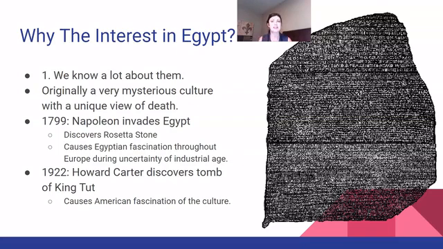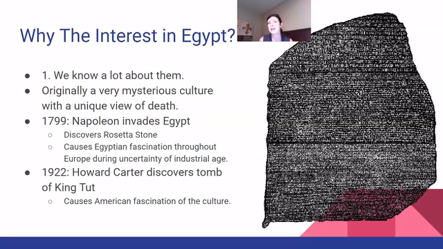Plus, we've had a lot of discoveries in Egypt that have made people go Egyptian crazy. In 1799, as I mentioned, Napoleon invades Egypt and finds the Rosetta Stone, and suddenly we can decode hieroglyphics, which becomes the key to unlocking this mysterious culture we had been trying to figure out for hundreds of years. Then in 1922, Howard Carter discovers the tomb of King Tut, which had never been disturbed, a great artifactual find.